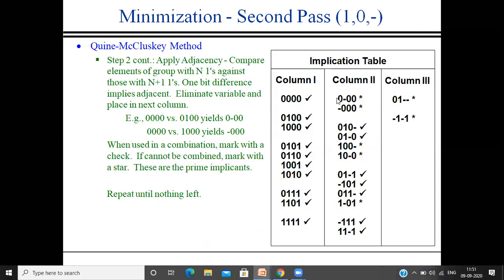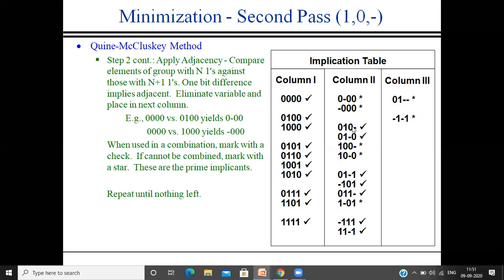Now 4, this value cannot be matched with any of group 2 because the dash position should be on the second position, which is not true. Again, this value cannot be compared with group 2 dash 000 because nobody in group 2 has a dash on the MSB.